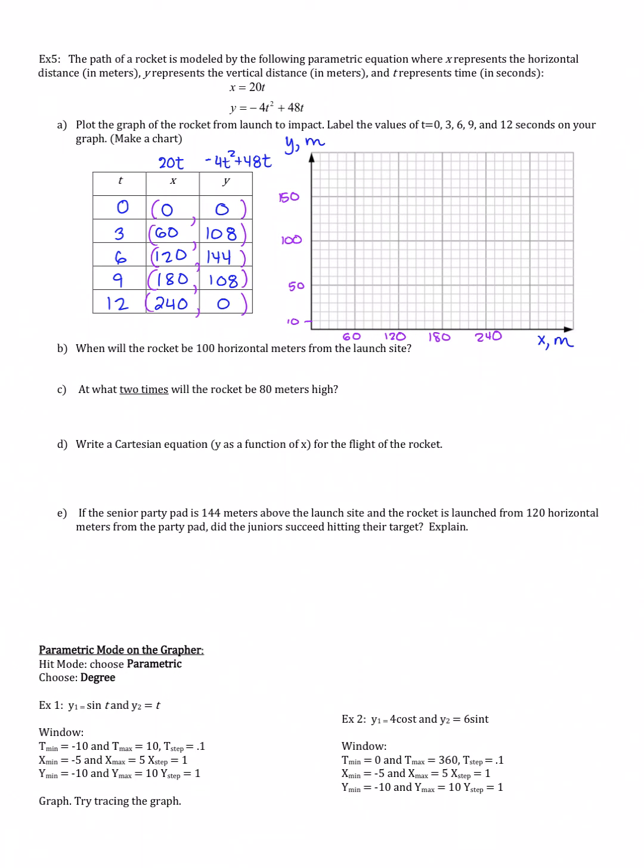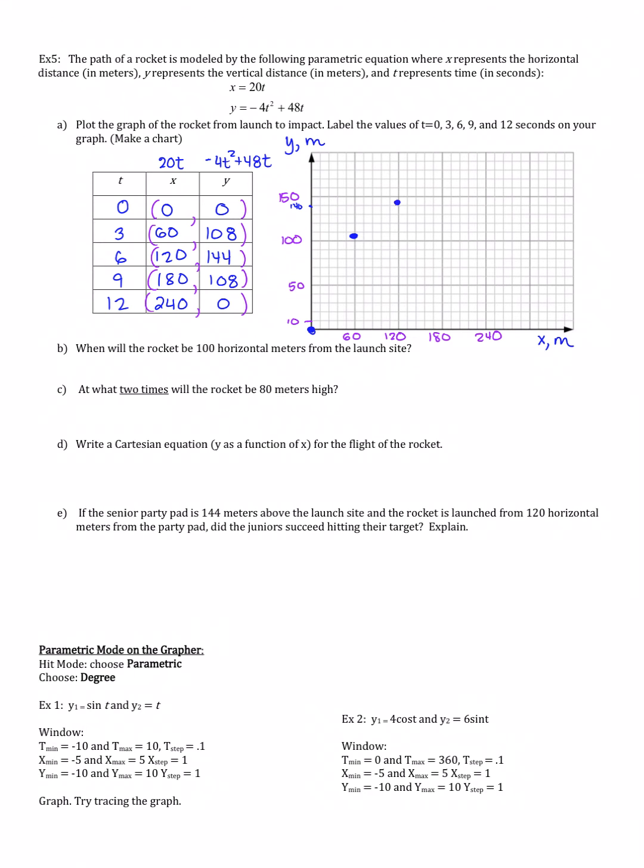So we have the point 0, 0. That one's easy. 60, 108. So 60, 10, since each little thing represents 10, 108 will be about there. Then we have 120 at 144. So here's 140. So 144 will be a little bit above that.